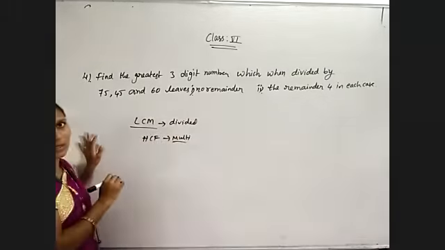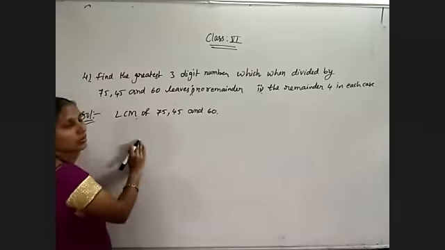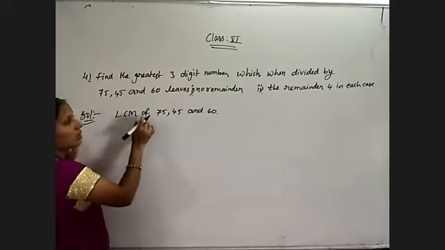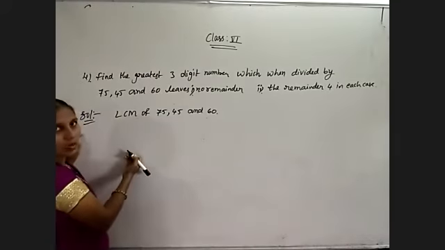So first of all, find out the LCM of those three numbers. First of all, find the LCM of 75, 45 and 60. Three numbers are there, use any of the methods.